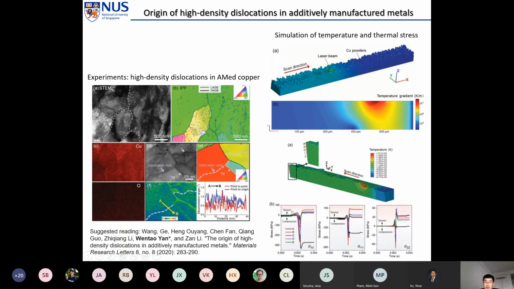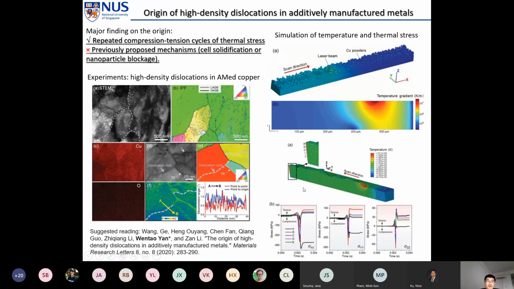Our simulation results show the tension compression cycles. Because I'm not an expert in this area, they believe the origin of this high density dislocation in additively manufactured metals is due to the repeated compression and tension cycles of thermal stress.